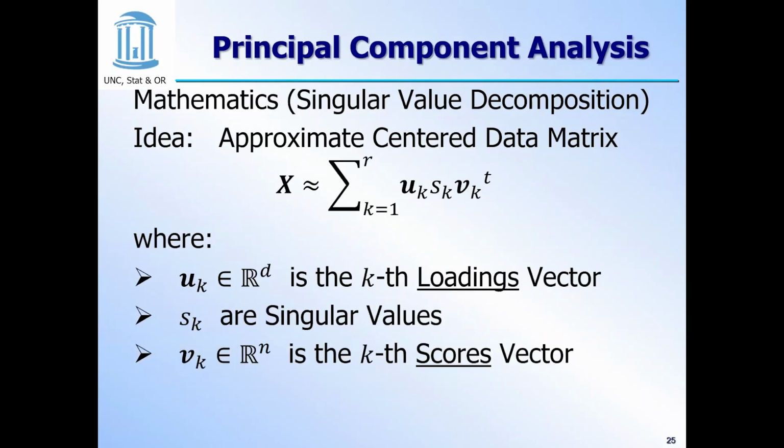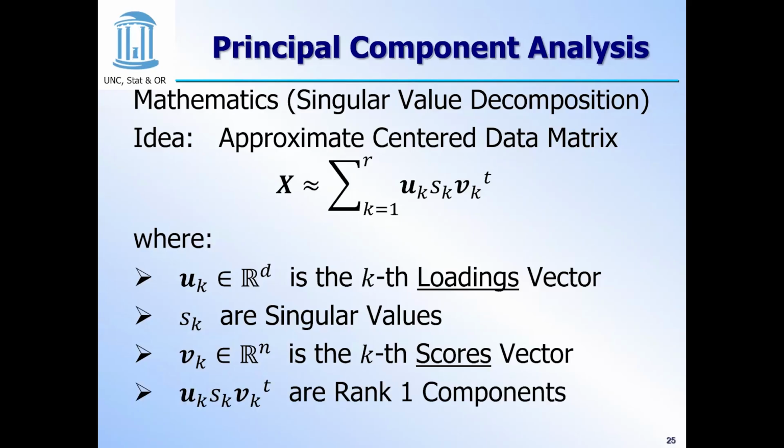The V's are the n-dimensional vectors. Both the U's and V's are unit vectors. They have length 1. They can be thought of as directions. And the important thing to notice is that this matrix product is rank 1 components, which express X as a sum of rank 1 components. If r is the rank, that's actually an equality. If people want to do dimension reduction, they might take a smaller r.